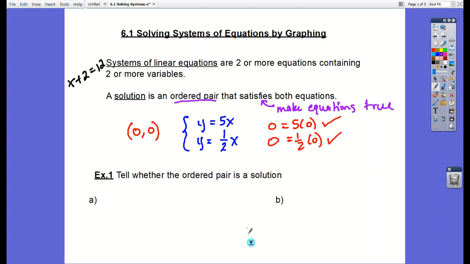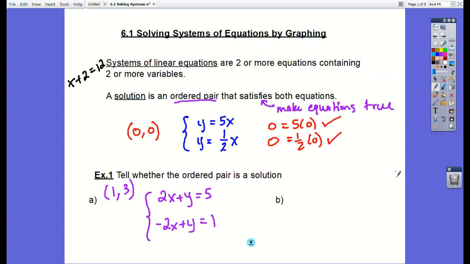So let's go ahead and write this down. So our example 1, we're just deciding if the ordered pair is the solution. So for part A, you're going to look at the ordered pair (1, 3) and decide if it's a solution to this system. 2x plus y equals 5 and negative 2x plus y equals 1.